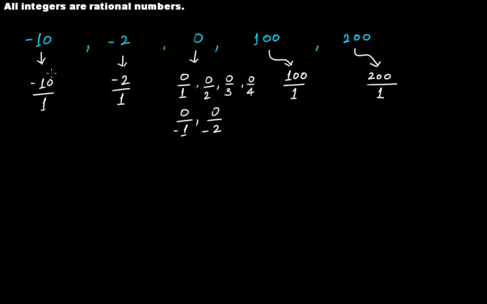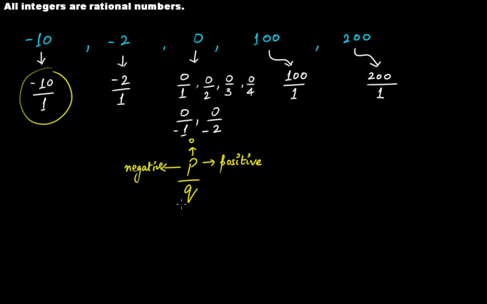So if you check this one, minus 10 over 1. Now, the form of a rational number is p over q. P can be a positive integer, it can be 0, and it can be negative. Q cannot be equal to 0, can be positive, can be negative.